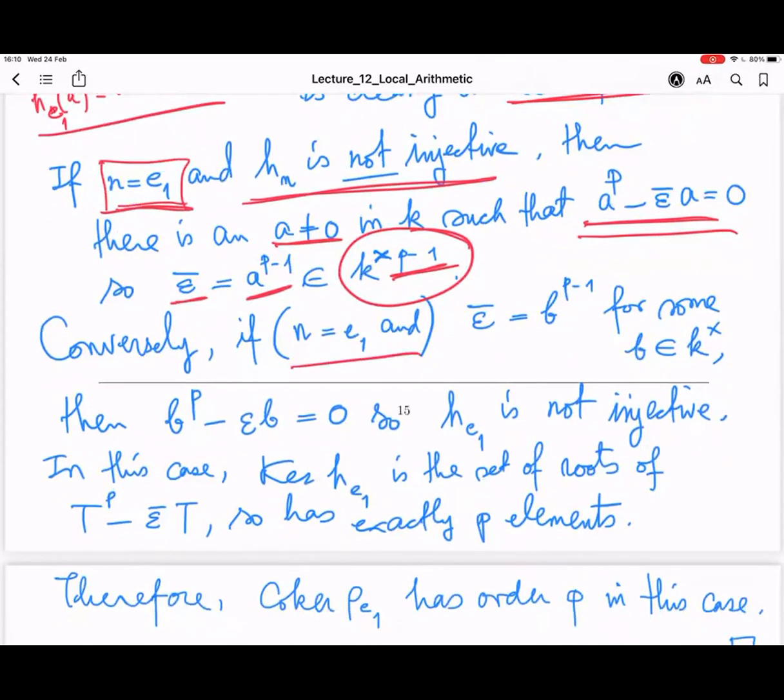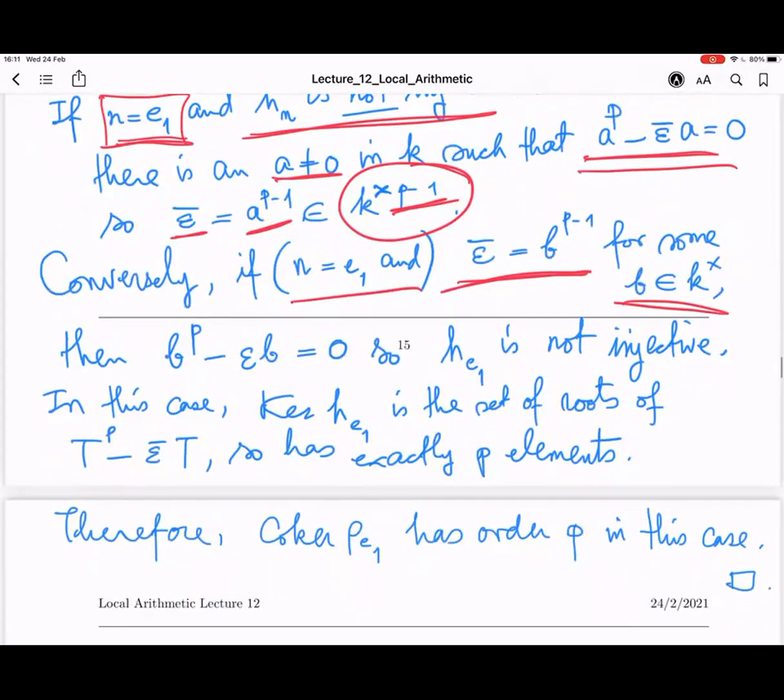Conversely, if epsilon bar is a p minus 1th power in k star, then let's look at b to the power p minus epsilon bar b it should be. And this is equal to 0 by definition if epsilon bar is b to the power p minus 1, right?